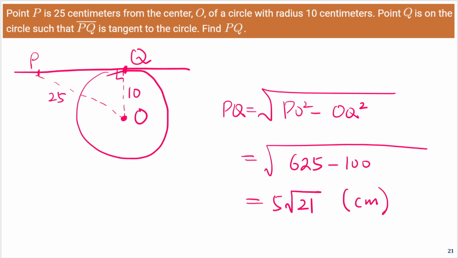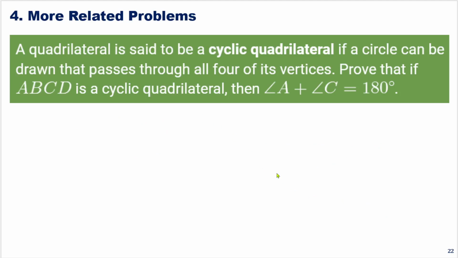Okay, then if no questions, let's have a look at more related problems to angles inside and outside of circle. So let's consider this question here. A quadrilateral is said to be cyclic quadrilateral if a circle can be drawn that passes through all 4 of its vertices. Can you prove that if ABCD is a cyclic quadrilateral, then angle A plus angle C is 180 degrees?